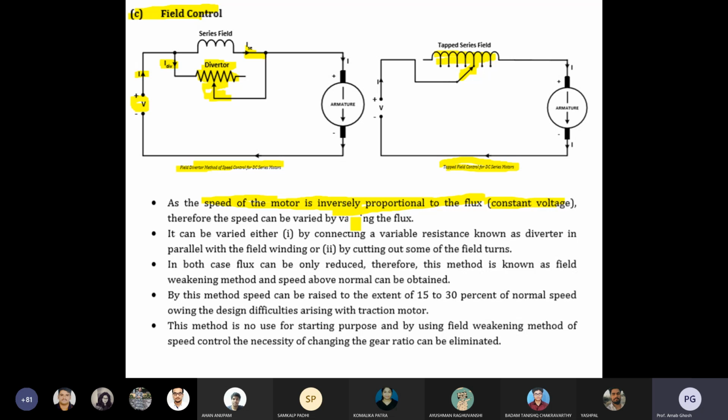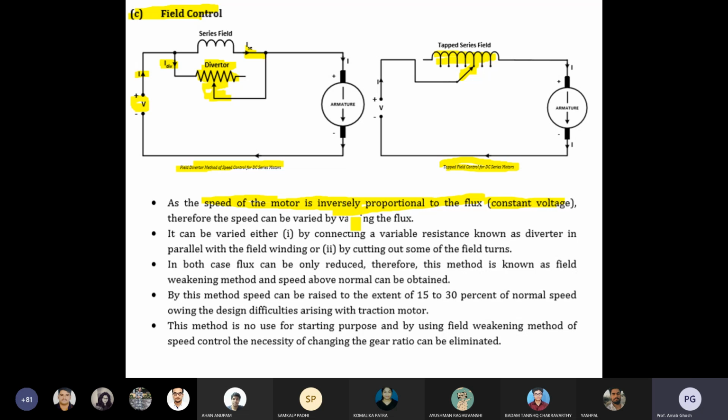So it comes as K into N into φ. You can say EB minus IaRa equals Kφ into N, or N equals EB minus IaRa whole divided by K into φ.